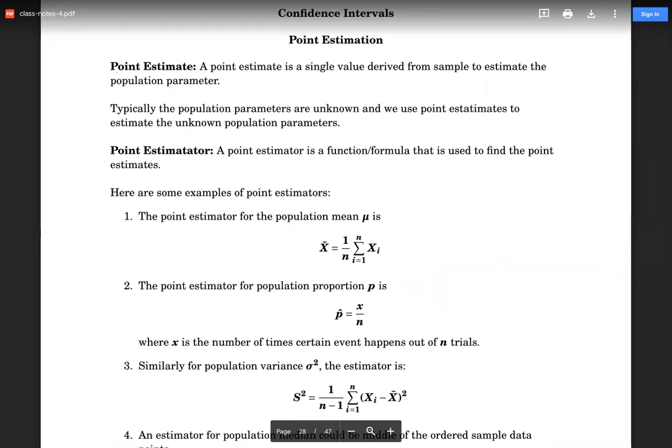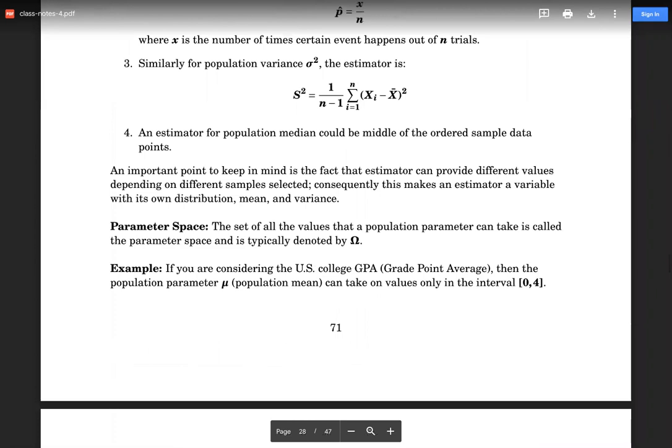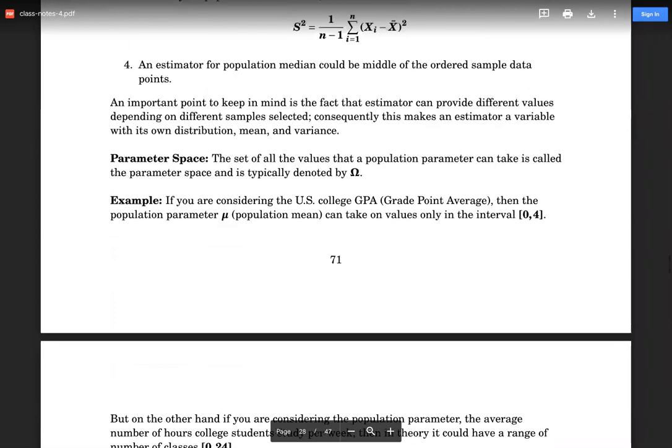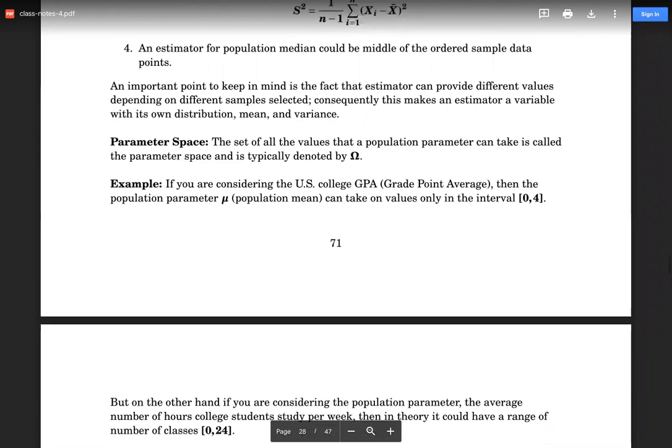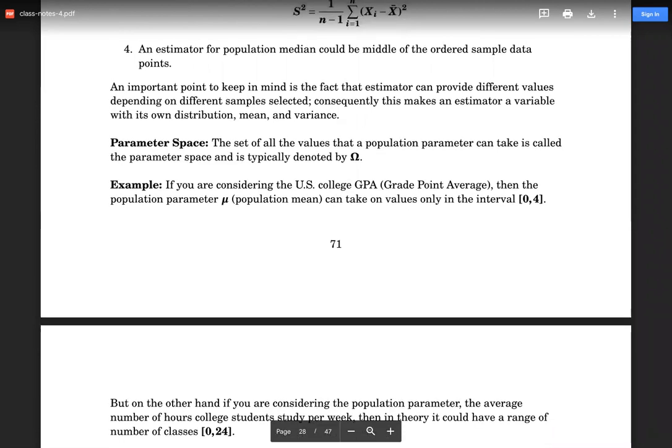Now, there is one technical term that I'm going to be talking about shortly, but before that, let me go ahead and define a couple of other things. Parameter space. That's the set of all the values that a population parameter can take. One great example is GPA. What are the possible values for GPA?